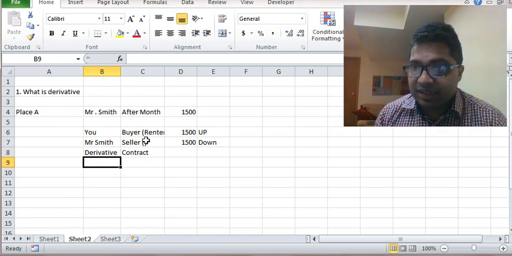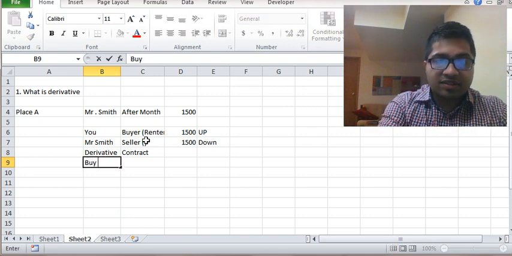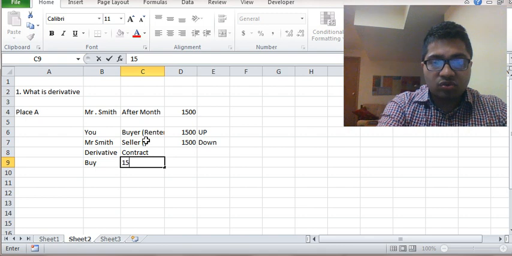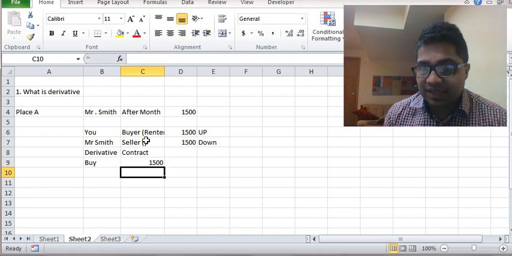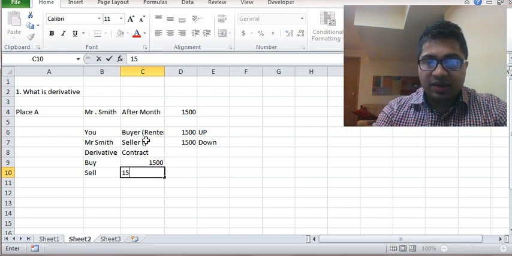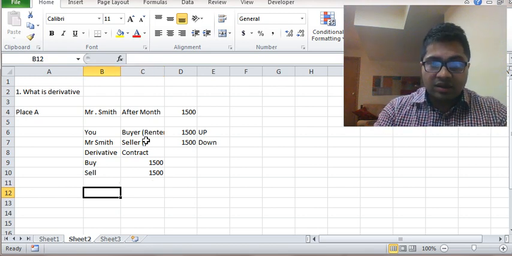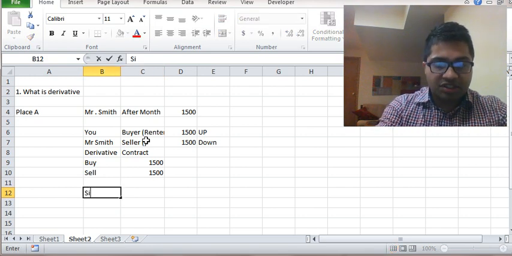So you as a buyer are agreeing to rent the place at 1,500, and Mr. Smith as a seller is agreeing to rent this place at 1,500 in future. Now situation 1.